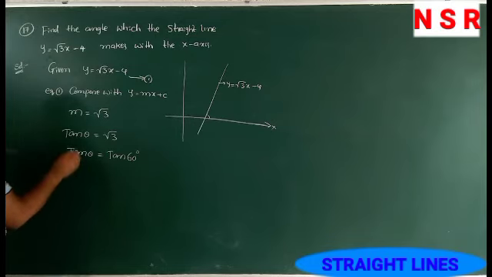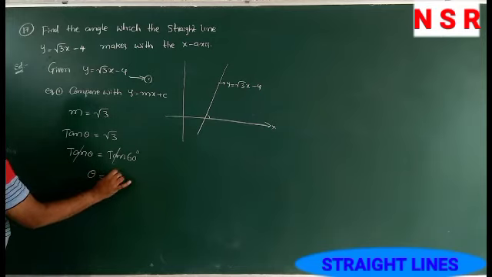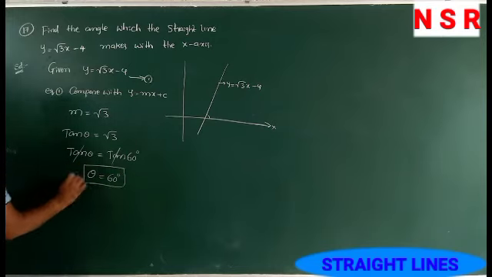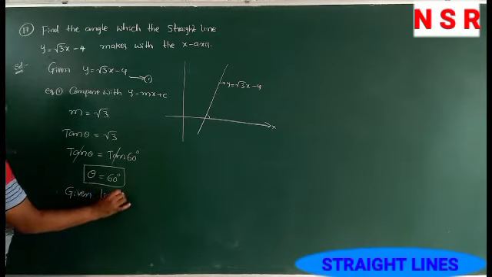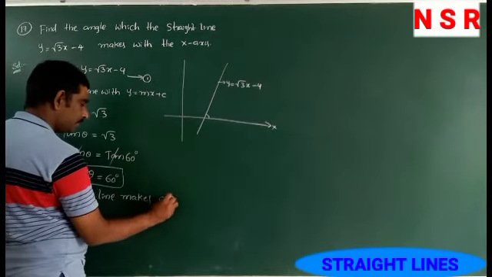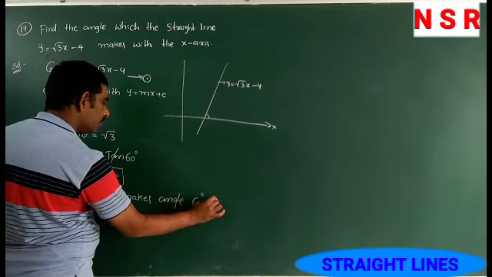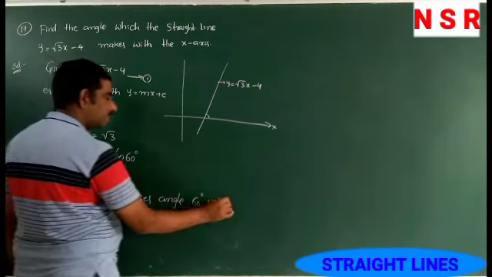So on both sides tan cancels and we get theta = 60 degrees. Therefore the given line makes an angle of 60 degrees with the x-axis.